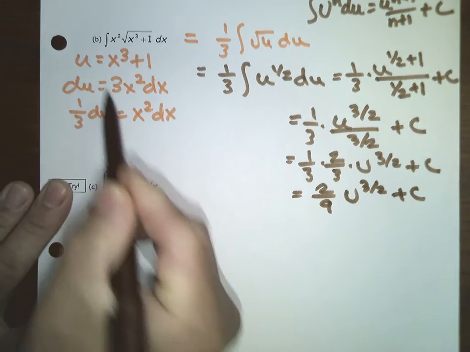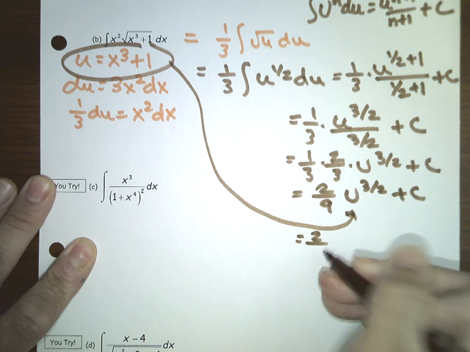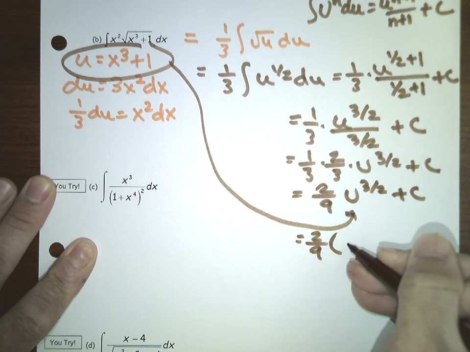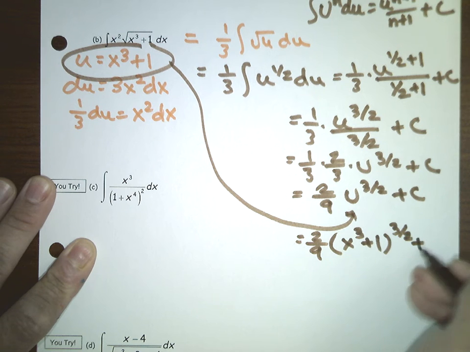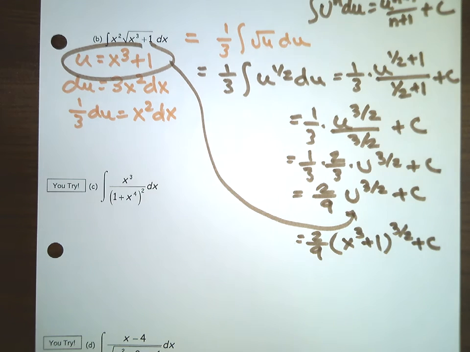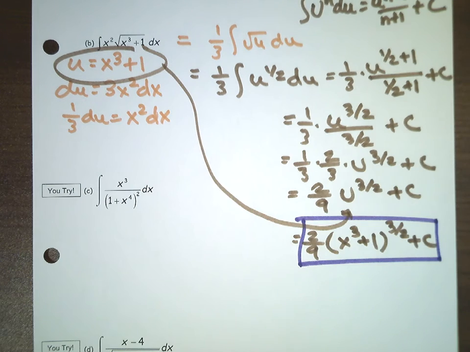And then I can substitute what the u was back in. So I have 2/9 times x to the third plus 1 to the 3/2 power plus c. And that is the final result here.